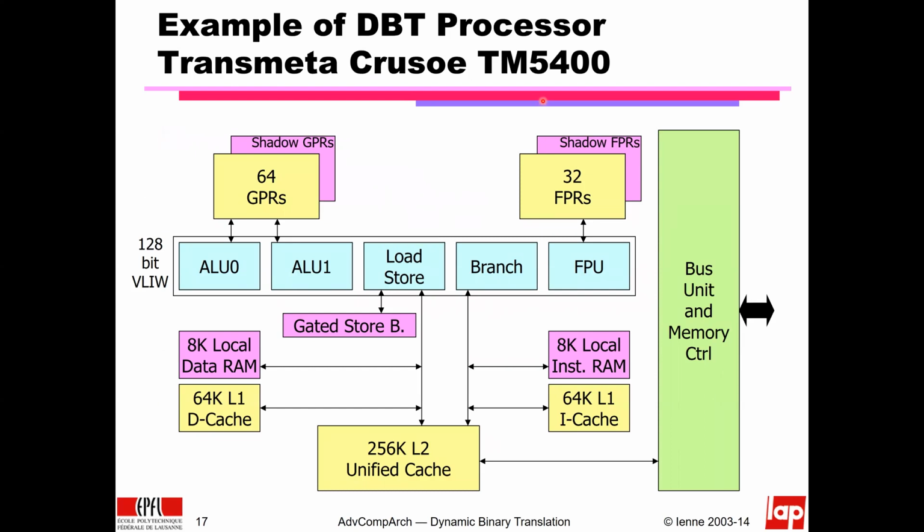The point is that every time I go from one group to the next one, one of the things that I do that is not on the flowchart before, but I will do it, is that I make a snapshot of the situation, a checkpoint. I'll copy all the 64 GPRs into the shadow GPRs, and I'll copy the 32 floating point registers in the shadow FPRs.